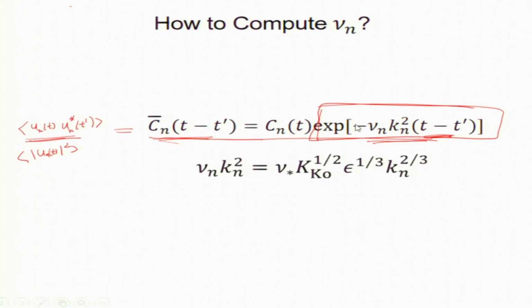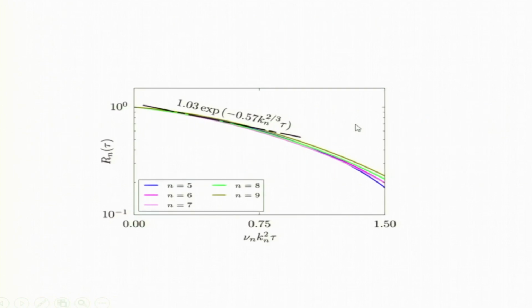This is what we do in simulation, and this was done by Sadab in our lab. The x axis is nu n k n squared tau, and the y axis is the normalized correlation, C bar by C, which is a non-dimensional quantity.